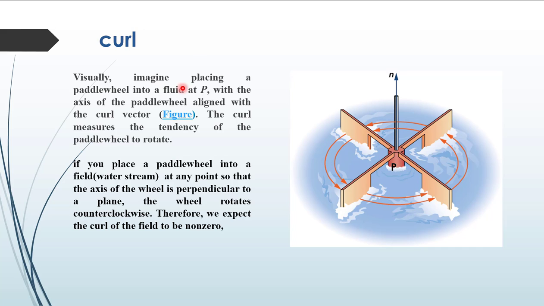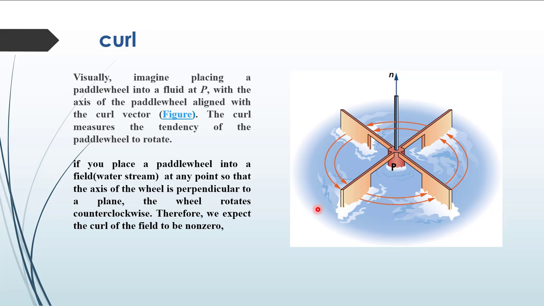So imagine a paddle wheel placed into fluid at point P, with the axis of the paddle below the water aligned with the curl vector. The curl measures the tendency of the paddle wheel to rotate. So if there is a curl, then the paddles of this wheel will rotate in either anti-clockwise or clockwise direction.